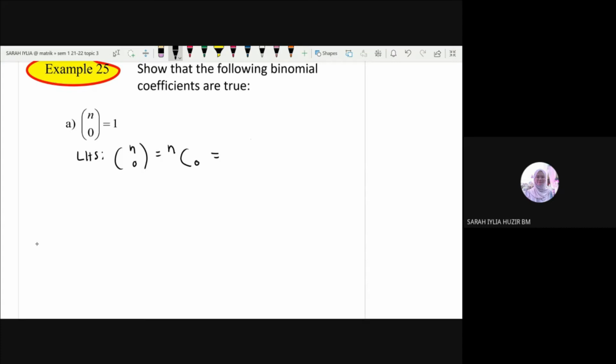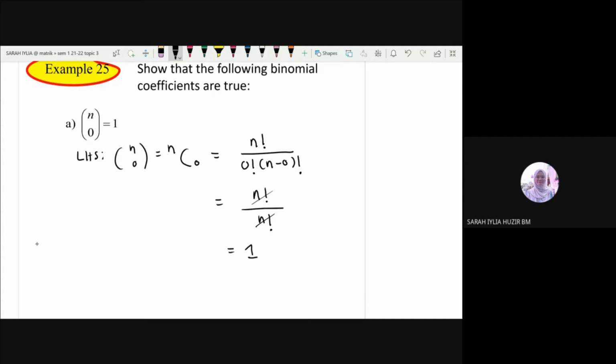So dia akan jadi n factorial over 0 factorial n minus 0 factorial. So simplify once more, n factorial over 0 factorial, 1. N minus 0 factorial, it's n factorial. So this can be simplified. Dapatlah 1.